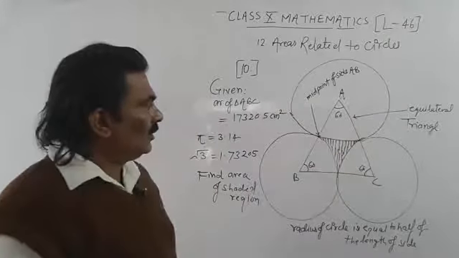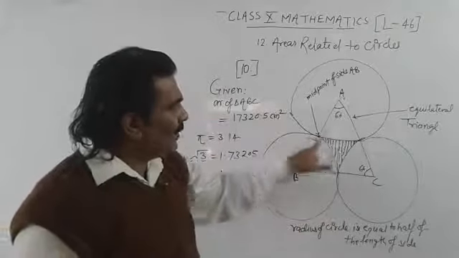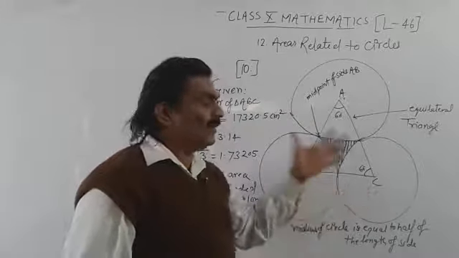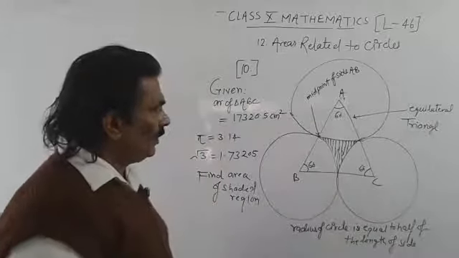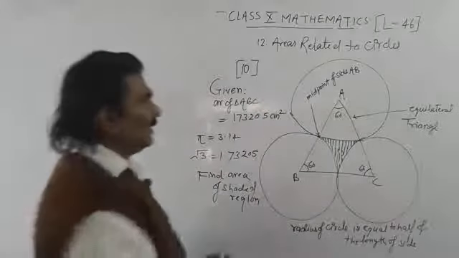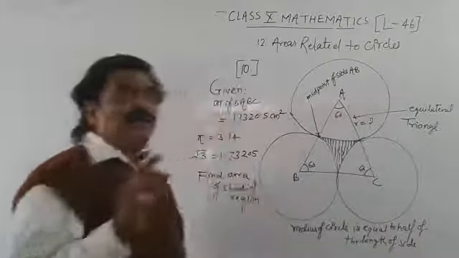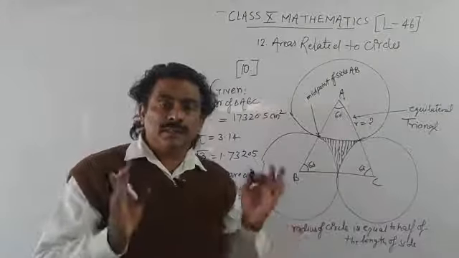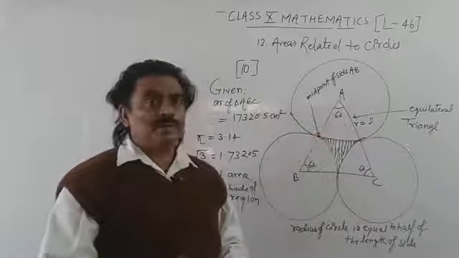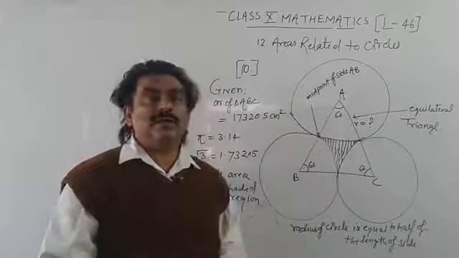If we subtract the area of three sectors from the area of triangle ABC, then we get the area of the shaded portion. So, first of all we should find the radius. Here the radius is unknown. So, with the help of the area of the triangle, we will find the radius of these circles, and we have theta, and after getting the radius, we will find the area of three sectors.